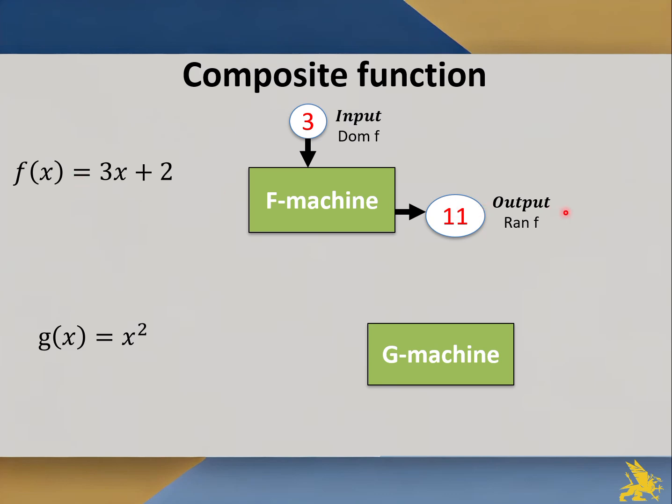Then it goes into my next function, which is g. So this is where the output, which is range f, needs to fit into my input, which is the domain of g. So it needs to be a subset, and then it spits out the output of 121 because we know 11 times 11 is 121.